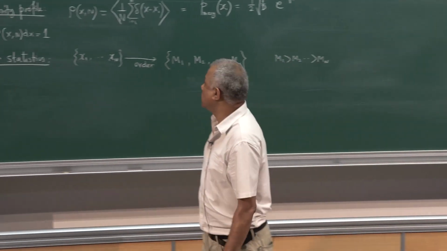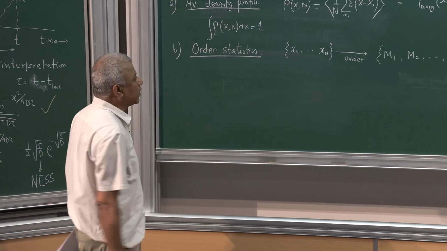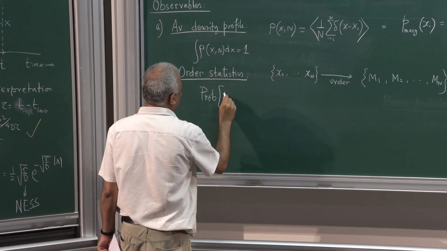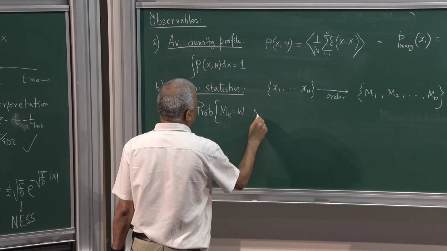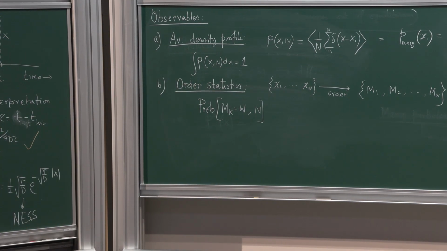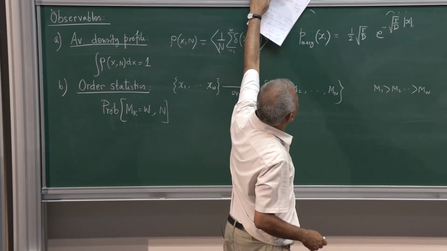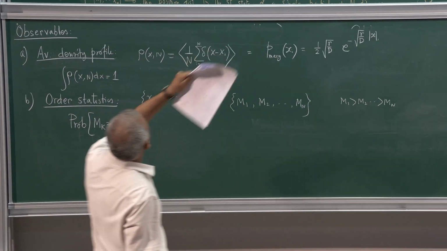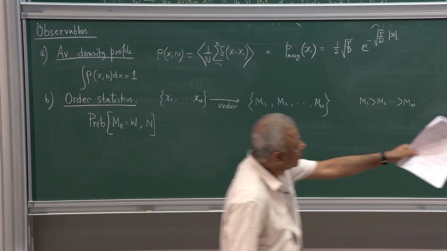And I want to know the distribution of the kth rightmost particle, right? So the probability in the stationary state. Once again, as you saw here, oops, where is it? It's gone somewhere. Okay, we know the stationary state explicitly, and yeah, it's here actually.